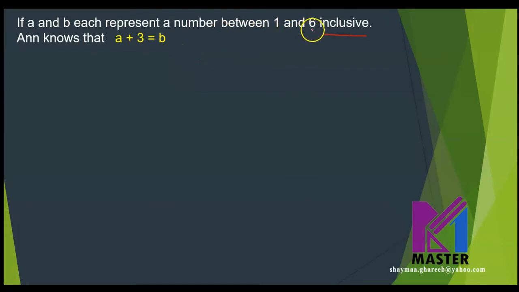So between 1 and 6, inclusive means it could be 1 or 2 or 3 or 4 or 5 or 6. Okay? And we know that A plus 3 equals B. Write all the possible values of A and B. We know that A and B should be numbers from 1 to 6, inclusive.